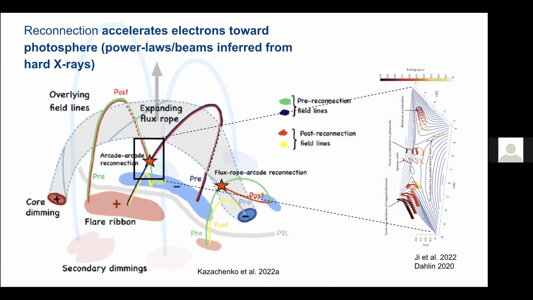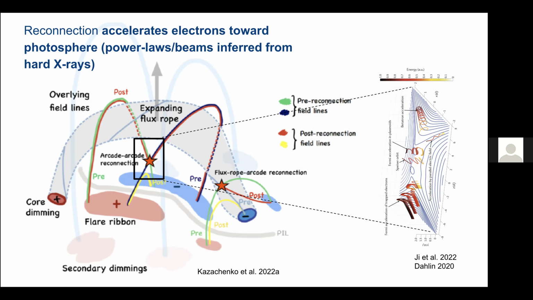Oppositely directed field lines come together and they reconnect here. And then there's a retraction from the reconnection point in both directions. And it's in that retraction process where we think most of the magnetic energy is actually released into particle acceleration. So here's a nice zoom in.